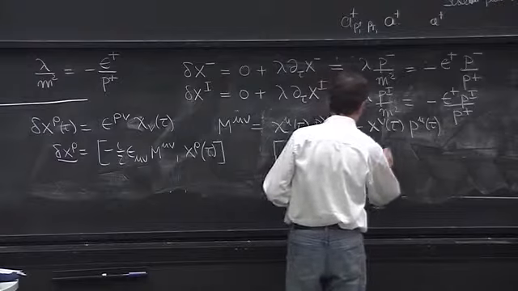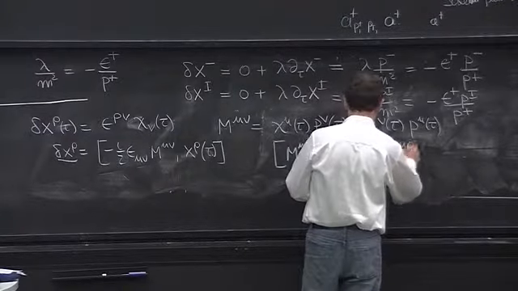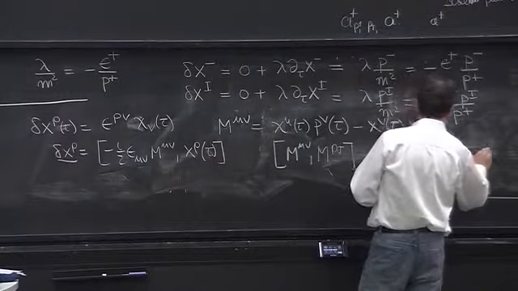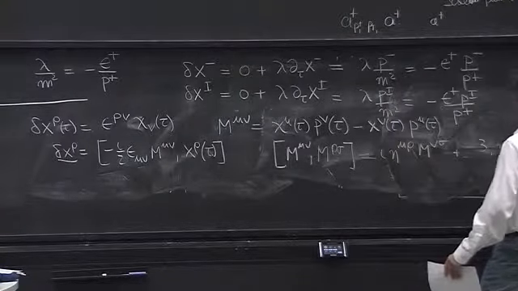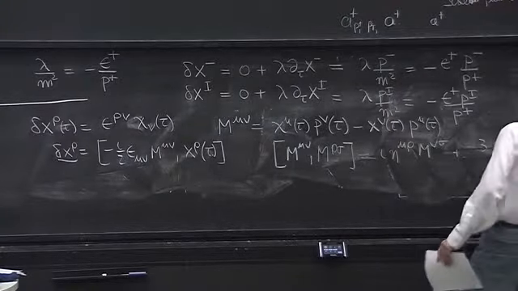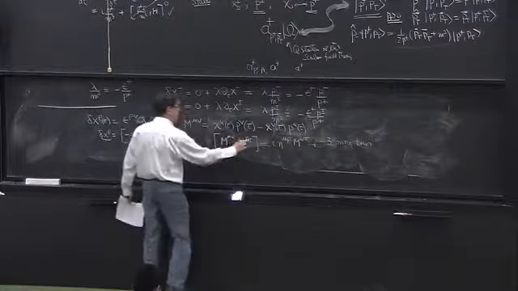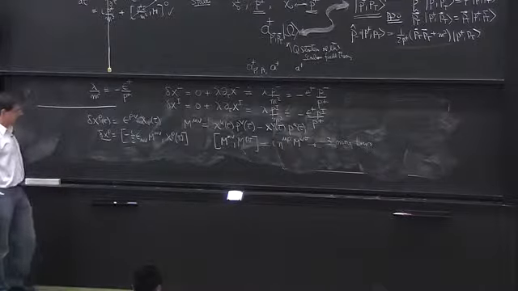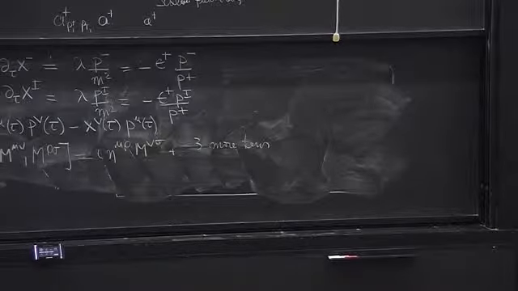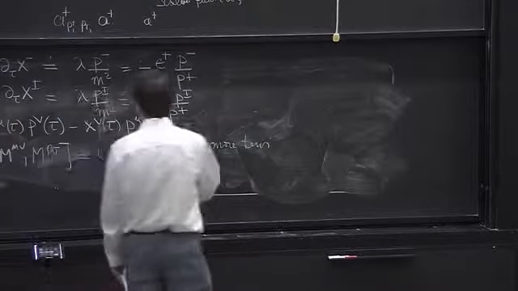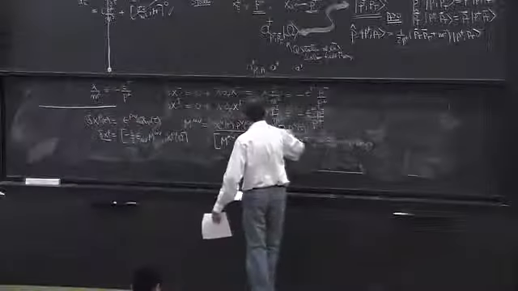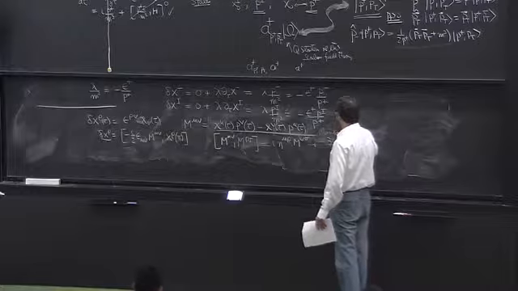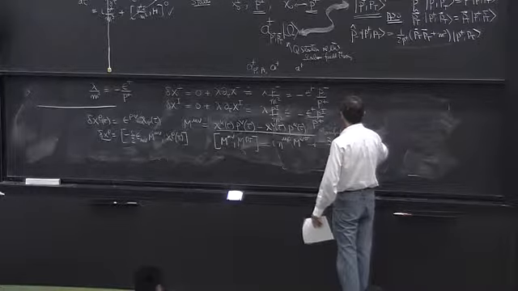It has an i, η^μρ M^νσ, plus three more terms, to implement the μν symmetry and the ρσ symmetry. Now, this operator is manifestly Hermitian.